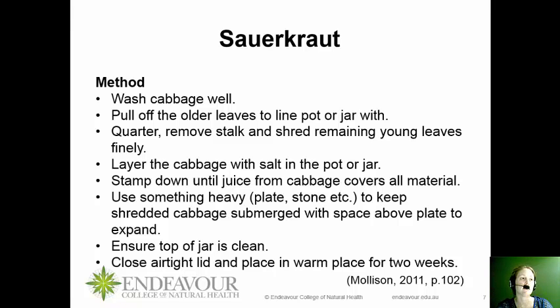He took a lot of Mollison's ideas and made them a bit more user-friendly, a bit easier to understand. His book Wild Fermentation particularly has some good recipes for alternatives to sauerkraut that may be really useful, particularly if you're wanting to avoid salt.